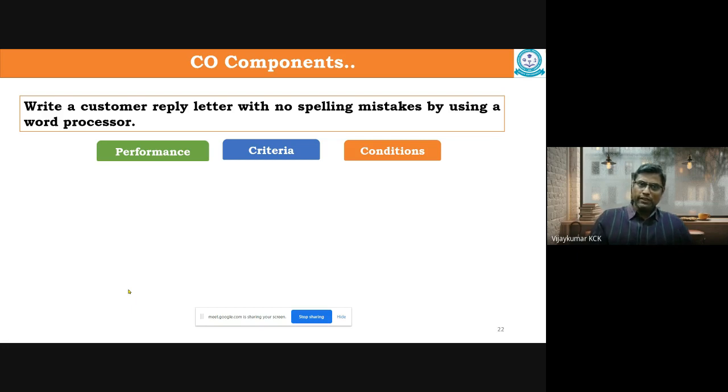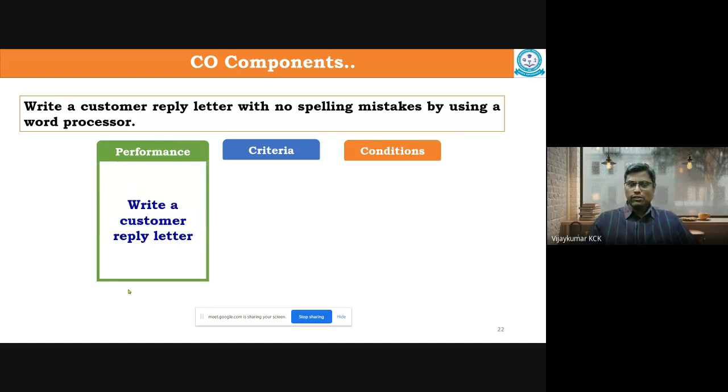How can we make a course outcome with respect to this particular case? You have to write a letter without spelling mistakes, of course, using modern technology, that is a word processor, maybe a computer or a mobile phone. So these are the three areas: performance, criteria, conditions. Performance is what we are going to make our student able to do: write a customer reply letter.